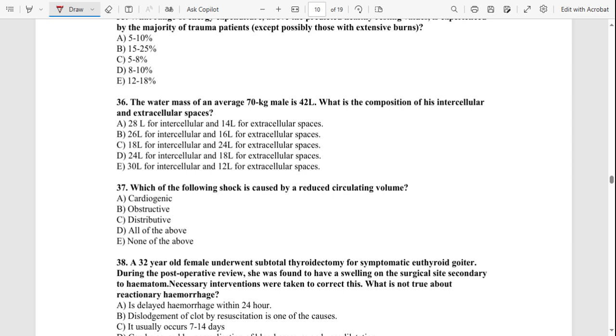Then the one you said can be close to 100 is talking about the burns. Yes, for the extensive burns, the energy that we normally use is going to be different, because in extensive burns it can increase even up to 100%. Thank you. All right. So, what is the composition of ICF and ECF? Anyone to help with this one in an average 70 kg adult male with 42 liters as the total body water?